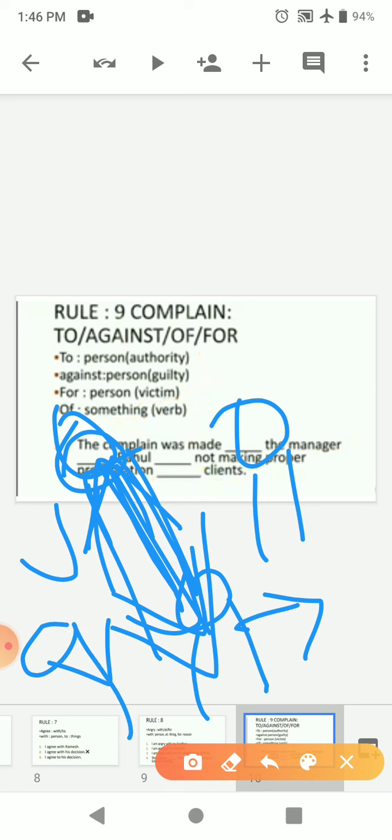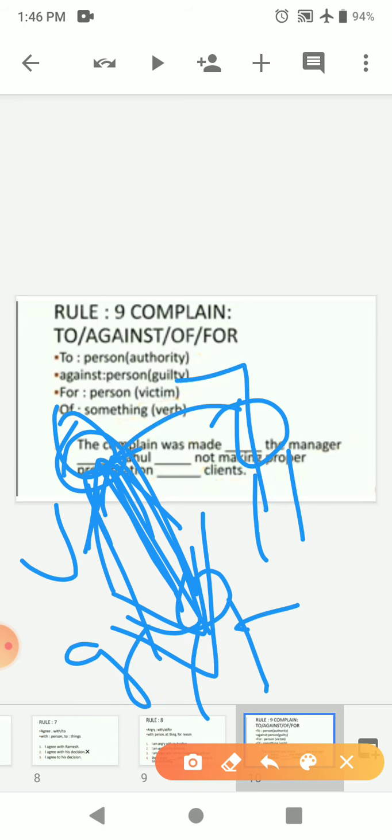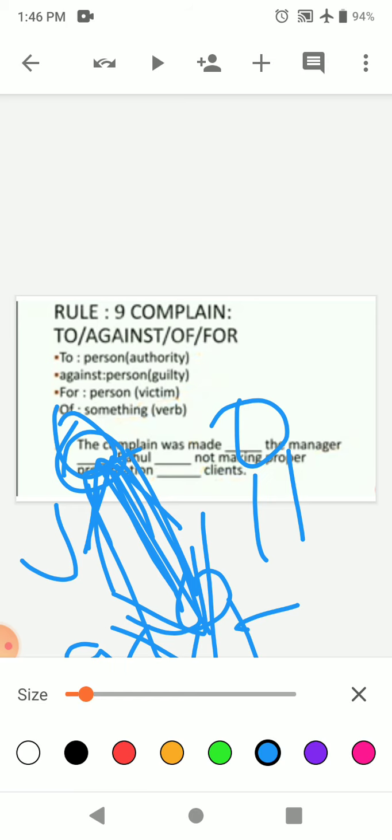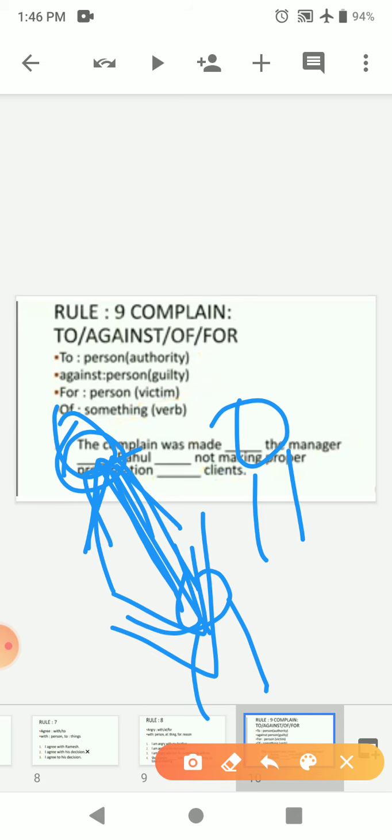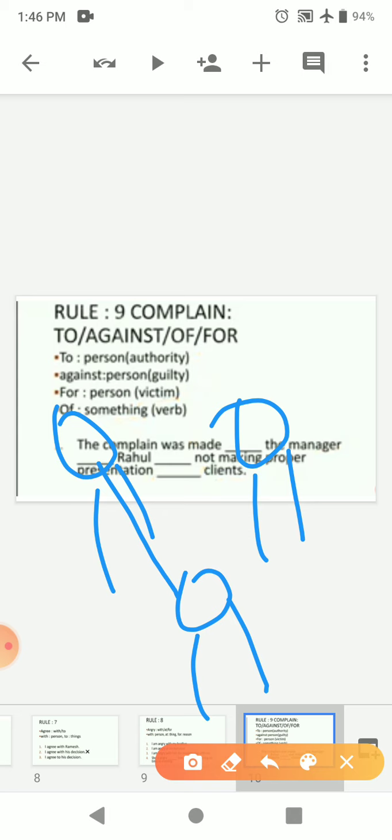Sorry, your sister here will be guilty. So you are the victim and your sister is a guilty person, and you are going to talk to your mother regarding this issue. Your mother here refers to authority. And you are going to talk about something, mentioning a reason.